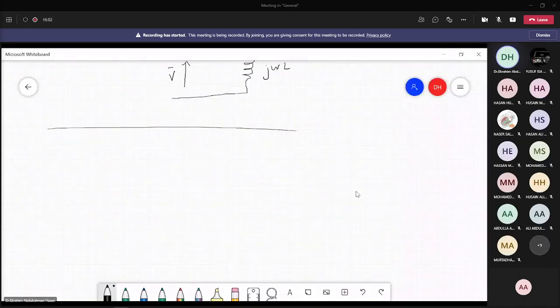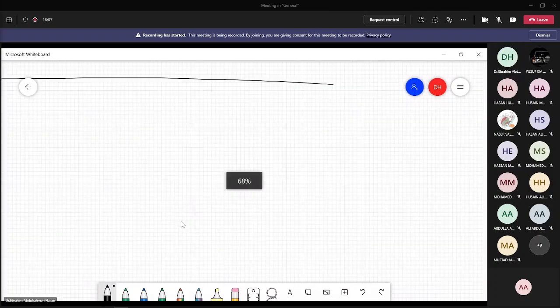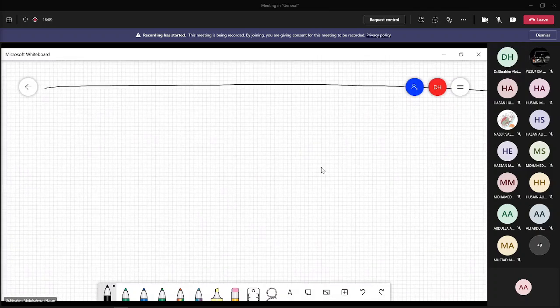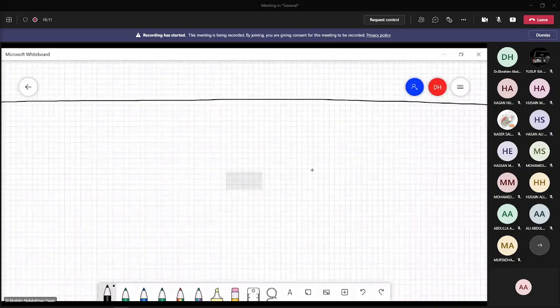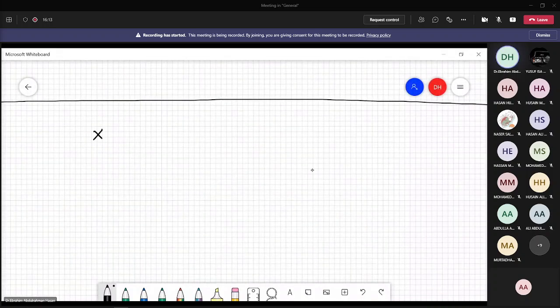Okay. So in general, the Fourier transform for x of t will give x of omega or x of f.